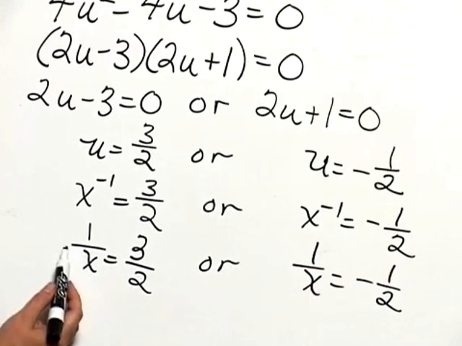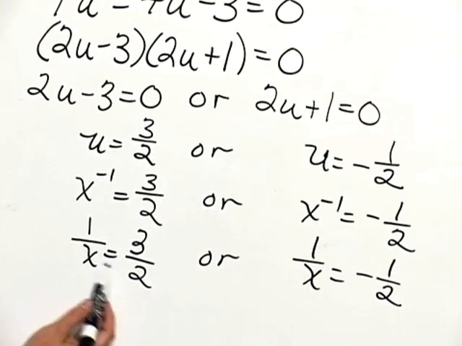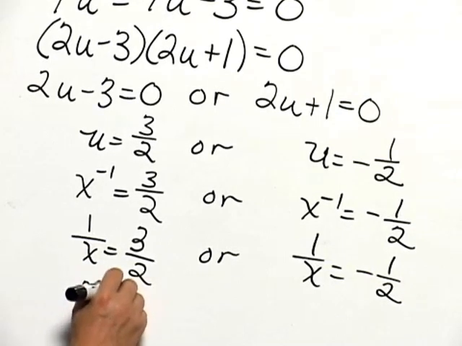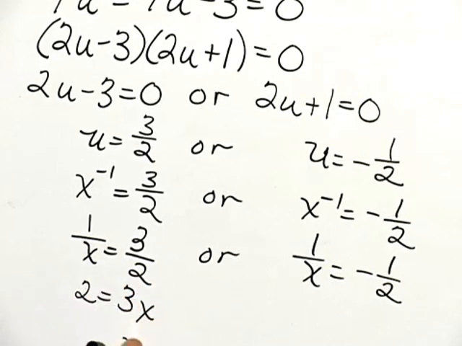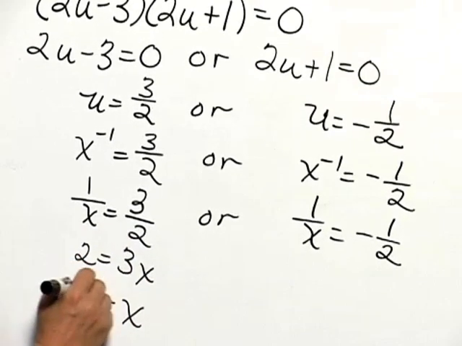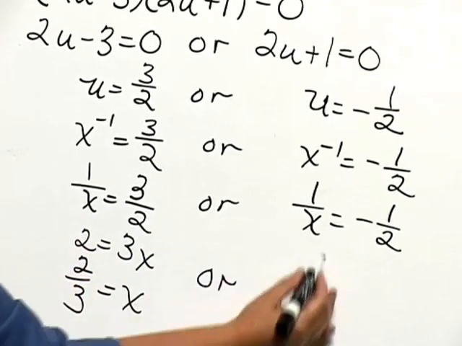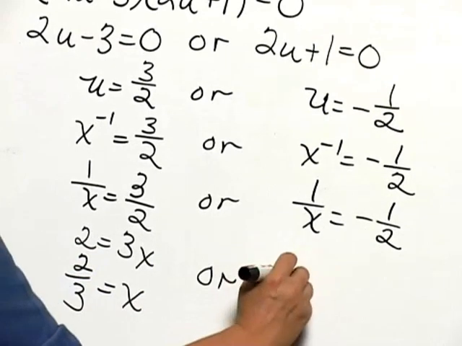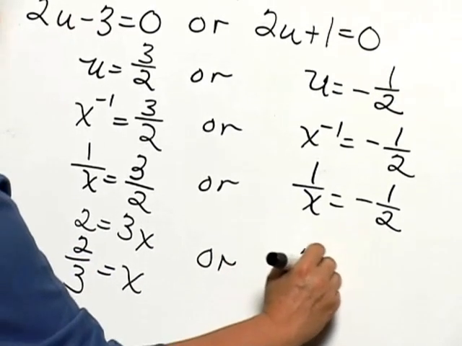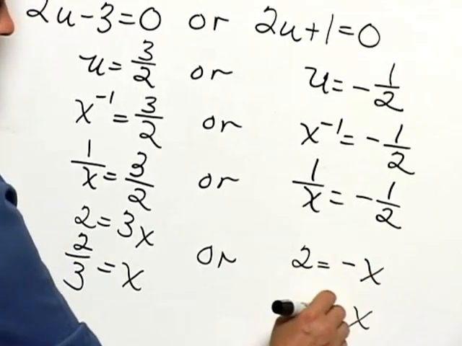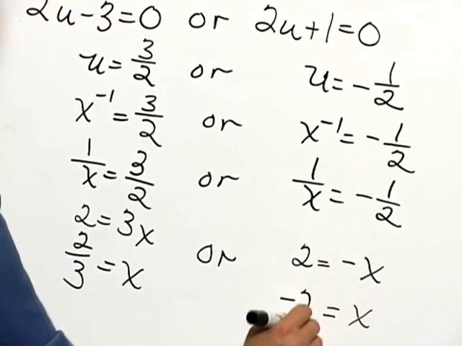Now we can solve this by multiplying both sides by 2x, and that would give us 2 equals 3x, x equals 2/3, or multiplying both sides here by 2x would give us 2 equals the opposite of x, or x equals negative 2.